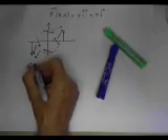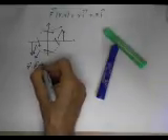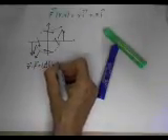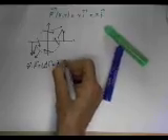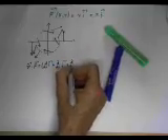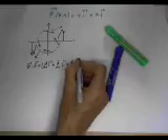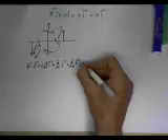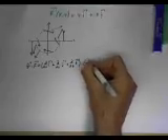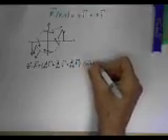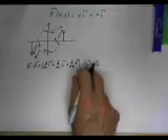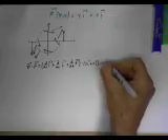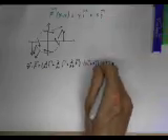The divergence of f is del dot f, which is partial with respect to x, i, plus partial with respect to y, j, plus partial with respect to z, k, dotted with y i plus x j.